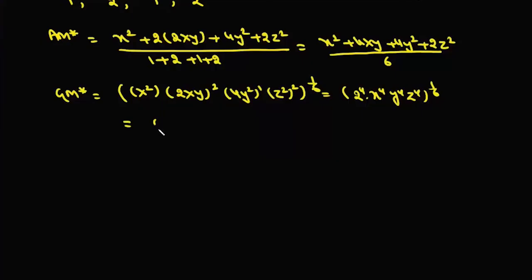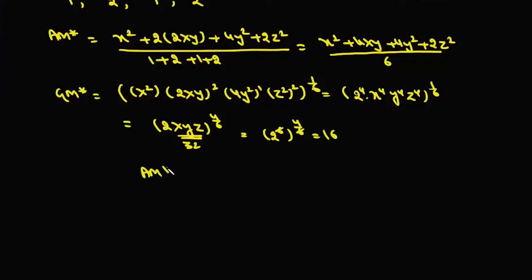Now we can write this as 2xyz whole to the power 4 by 6. Now x into y into z is 32. So this is 64 and 64 is 2 to the power 6. So we can write this as 2 to the power 6 whole to the power 1 by 6. I'll cancel. This is 16.